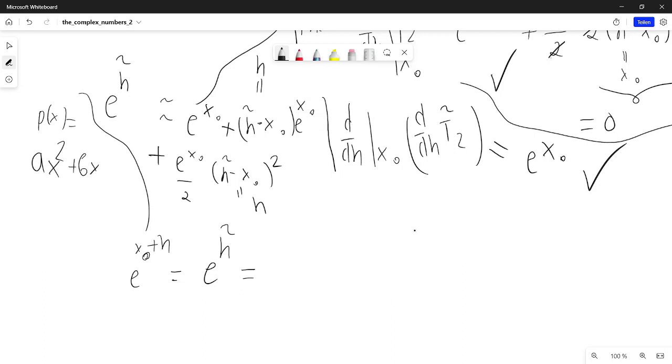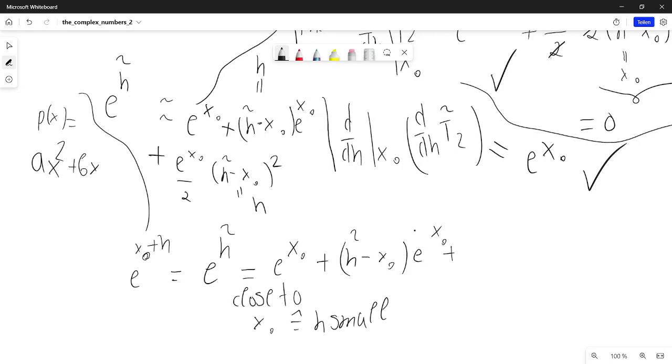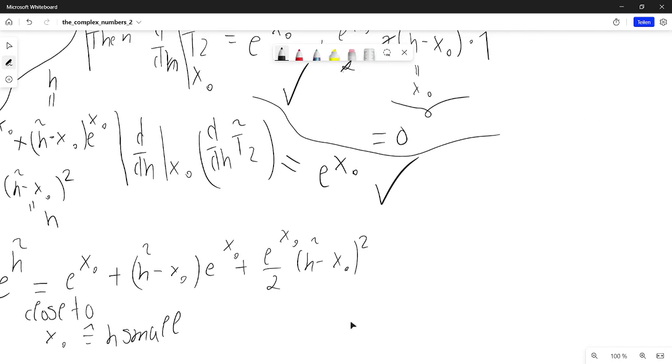When we are close to x0, that is h small, why not say, this is x0 plus h0 minus x0, x0 plus x0, h0 minus x0 squared plus x0 6 y6.